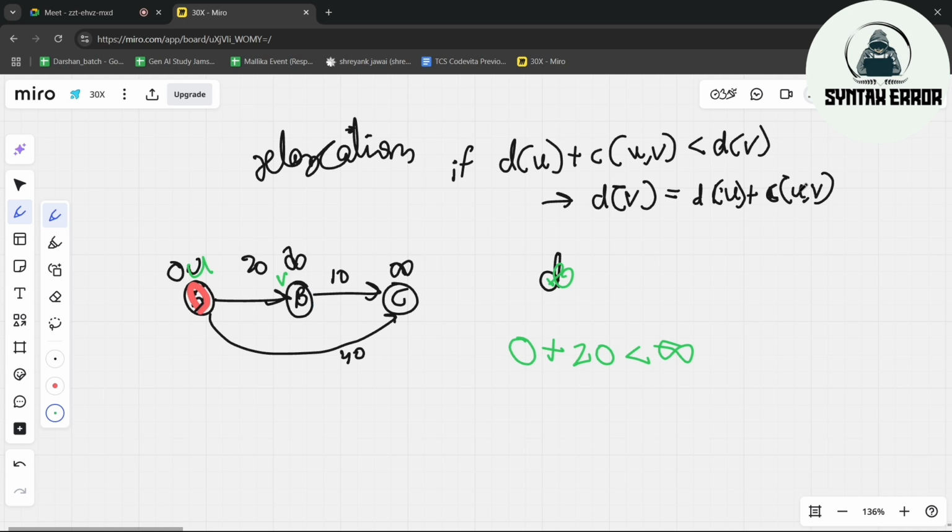We have to update our d of V as 20. So now our new d of V will be 20.